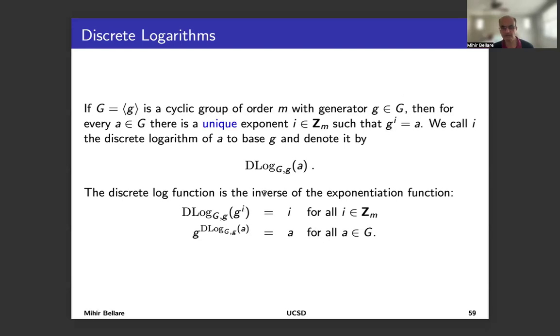Obviously, you've been given the i value, so it will just return that exponent. Conversely, if I raise g to the power of the discrete log of A, I'm saying the discrete log of A is this i. So what is g to the power of that? Well, you're back to A. So this will just equal A.